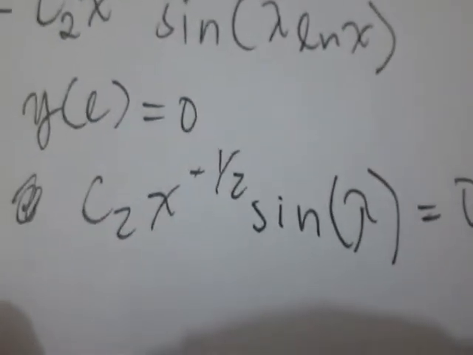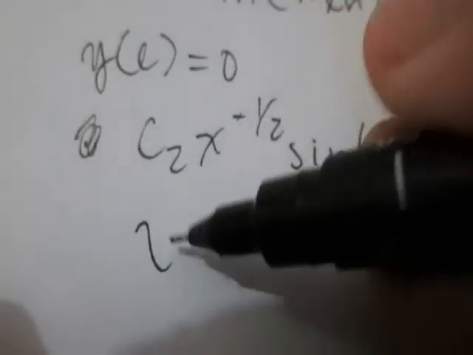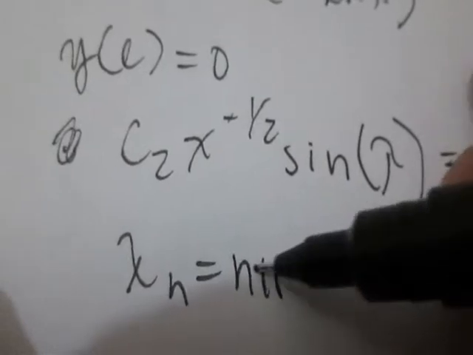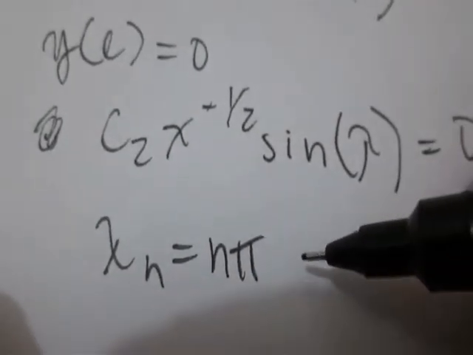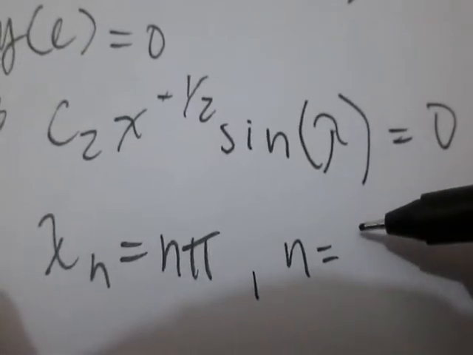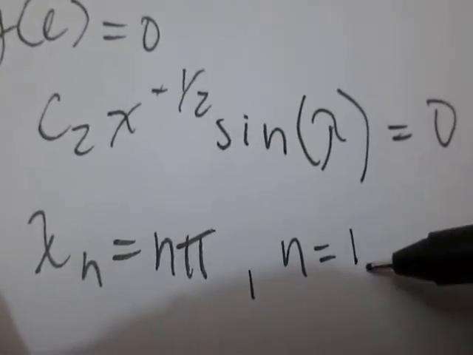Then we obtain the nontrivial solution lambda n equals n pi, where n is an integer.